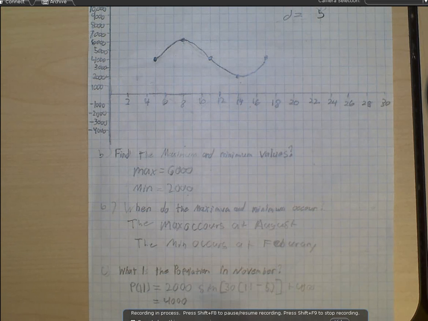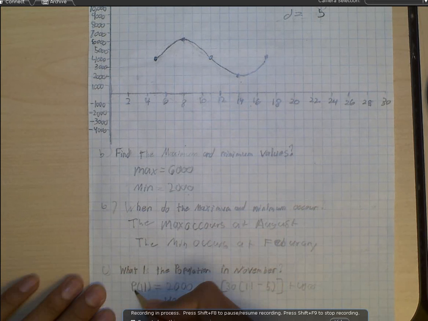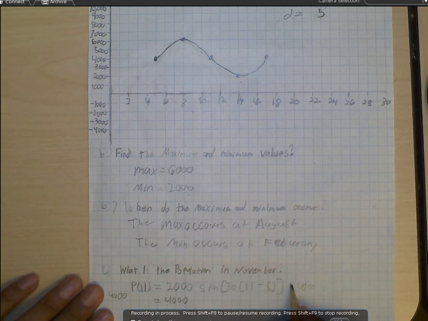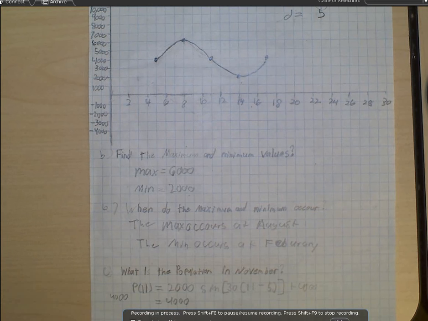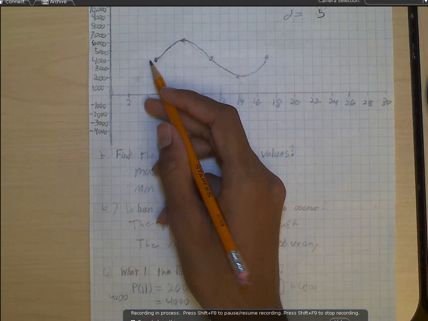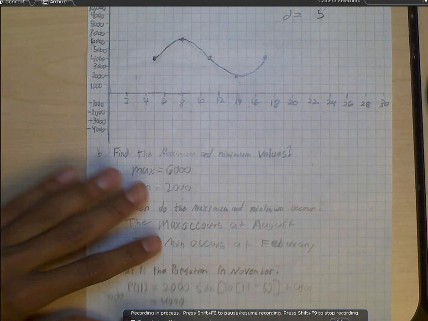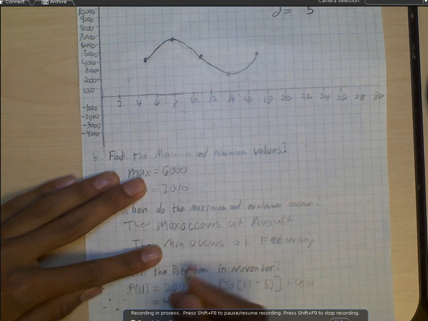And same with vice versa. If they gave you the population, let's say instead of P(11), you put 4,000, and you did this all over, you would probably get the first 4,000 that would come up.